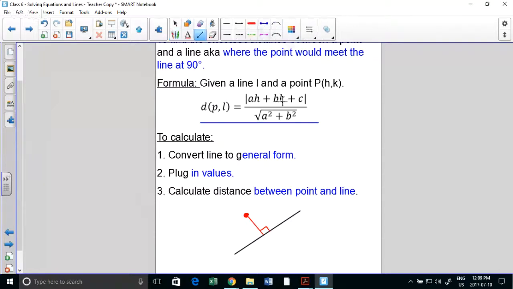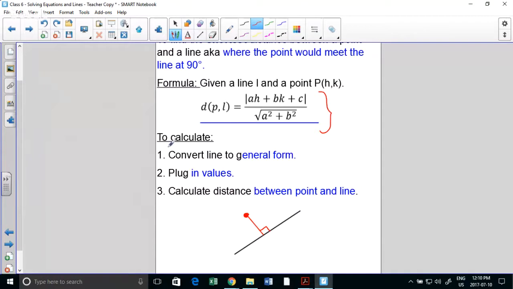Because theoretically, I could connect it here and find that distance, or here and find that distance, or here and find that distance, but I want the shortest distance. So this formula allows you to calculate the shortest distance, which is what we want.